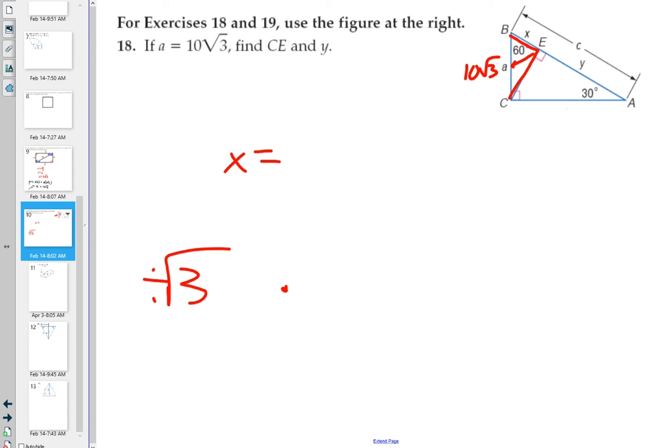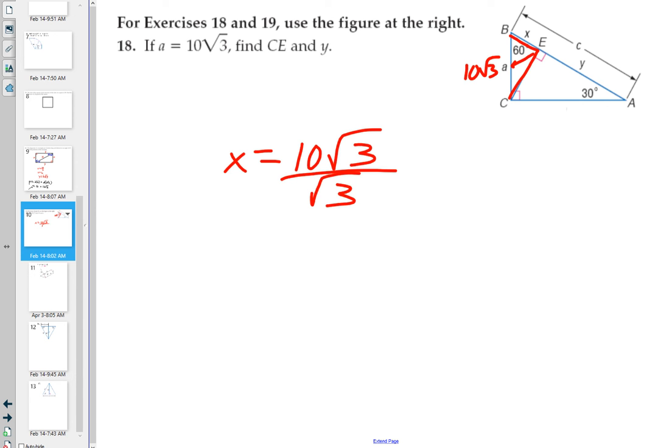If you want to, you can also multiply times square root of 3, but then divide by a regular 3. But since the measurement they're giving me already has a square root of 3 in it, I'm going to choose the division one because that's going to work out best. Because I can take this 10 square root of 3 they're giving me and just divide by an extra square root of 3. What happens to the square root of 3's? They cancel, so x is 10.